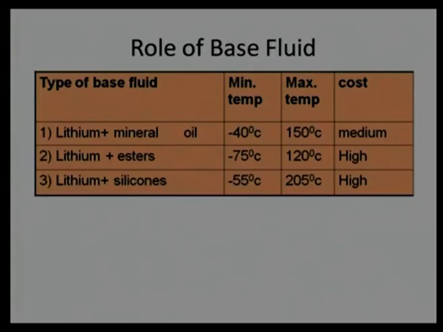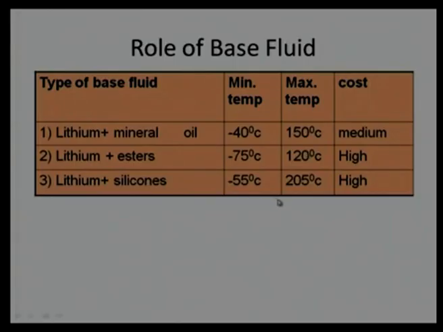If we want better performance at low temperature, we can switch over to a different base oil. What we are doing here is that mineral oil is replaced with esters, and the low operating temperature is minus 75 degrees centigrade. So, almost 35 degrees centigrade difference is coming just by changing the lubricating oil. However, the cost is increasing and there is a penalty at high temperature.